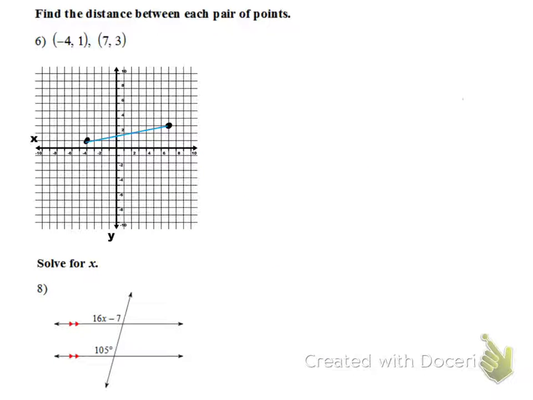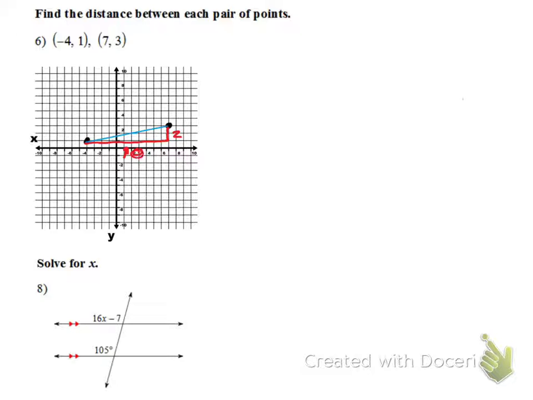All right, so 6, find the distance between each pair. I plotted these 2 points here. The easiest way to do it is just make a triangle and use the Pythagorean theorem. So I'd use this line here and then go up. This distance on this side is 2, and this distance would be 10.